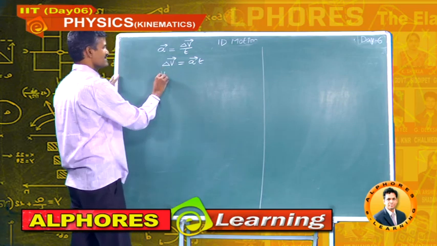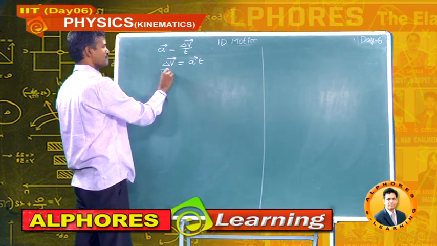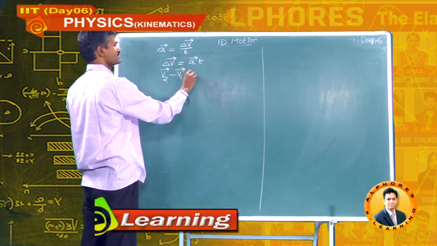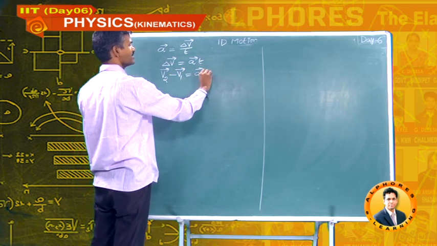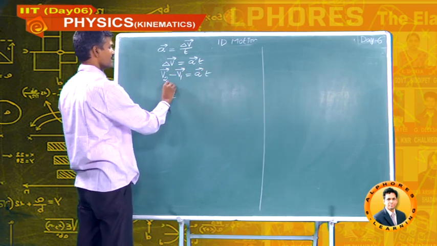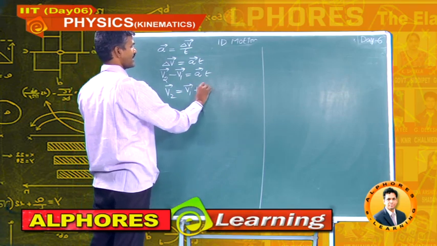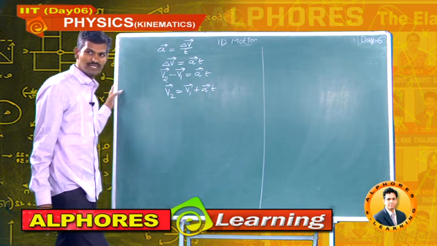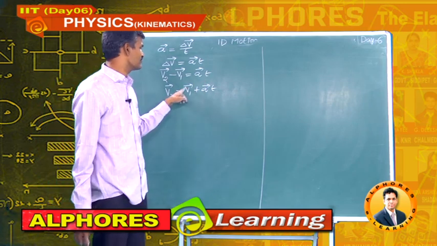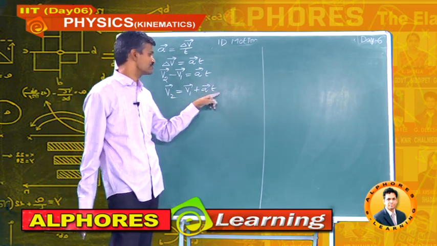So delta v bar, in the sense v2 bar minus v1 bar, is equal to a bar into t. So this v2 bar can be written as v1 bar plus a bar into t.